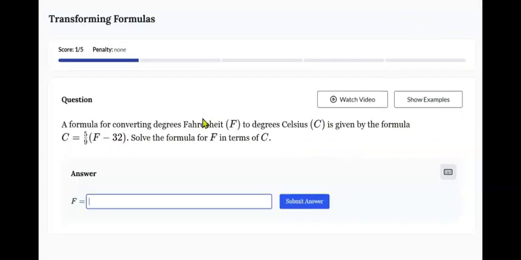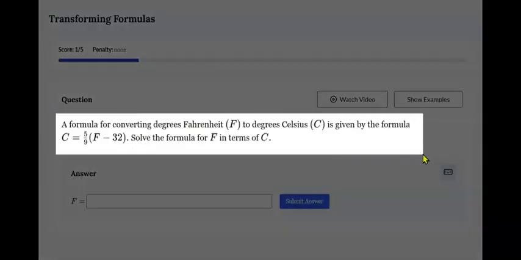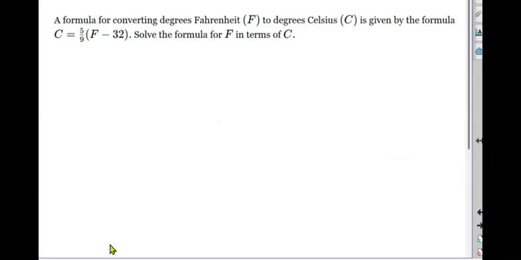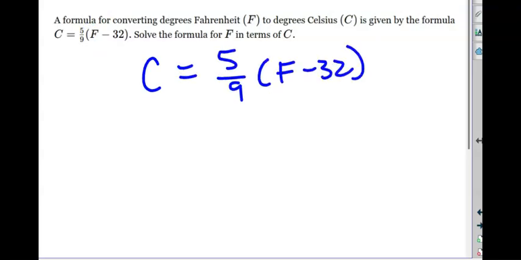In this Celsius formula, we want to isolate or solve for the letter f. Again, in order to solve for f, I need to remove all of the math that's outside of the parentheses. To get rid of a fraction, you multiply by the reciprocal.